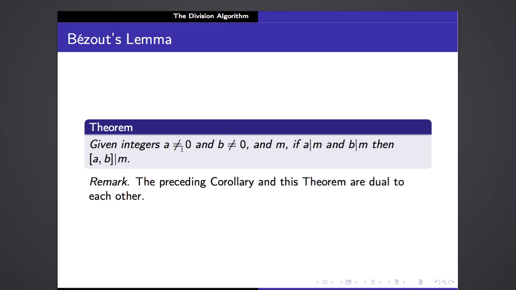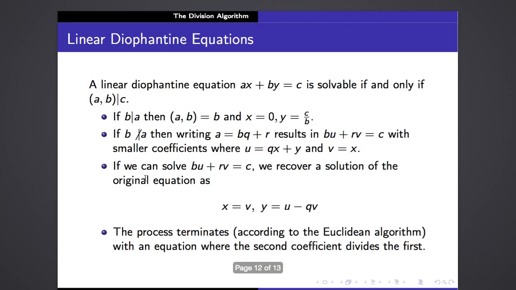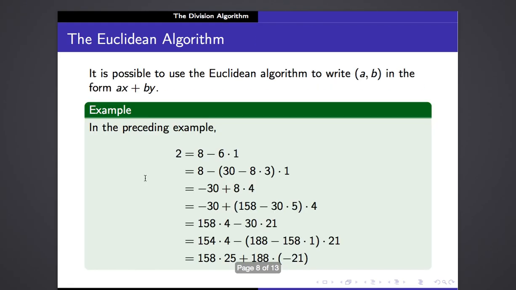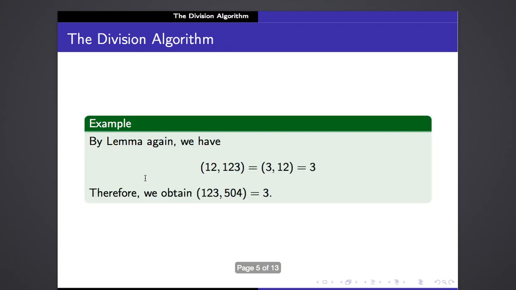Given integers a not equal to 0 and b not equal to 0 and m, if a divides m and b divides m, then the least common multiple of a and b also divides m. And I just mentioned that this theorem and also the preceding corollary.